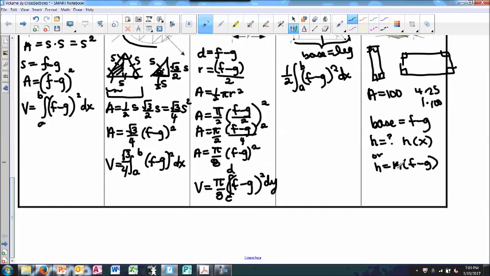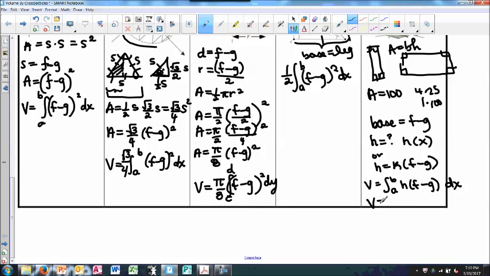So if this is given to you as something completely unique, your area is still base times height. So your volume, which is the integral of area, could be a completely different height function times the base length of f minus g, which could require you to distribute and simplify or just use your calculator to integrate.